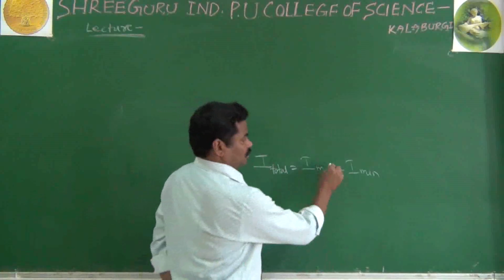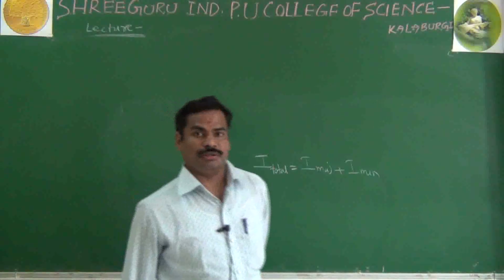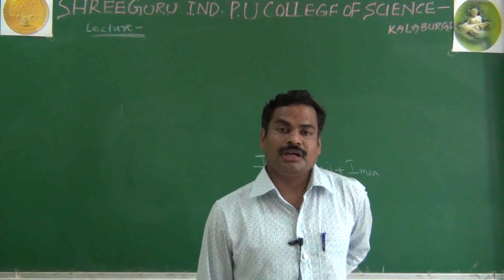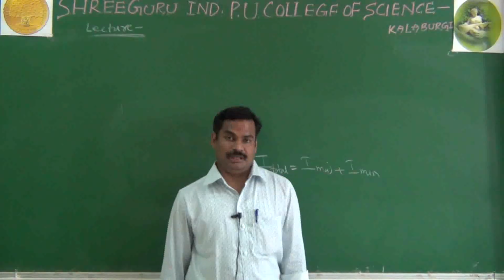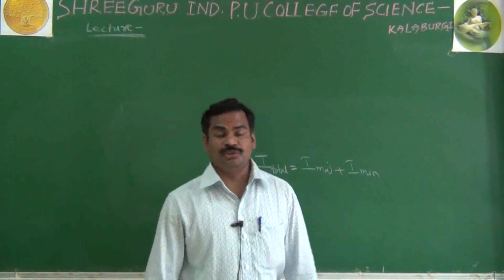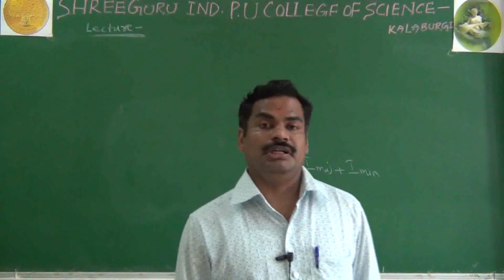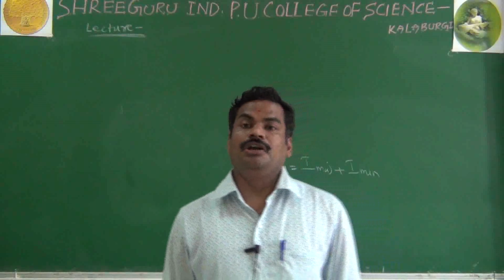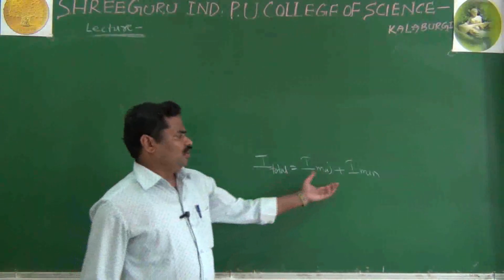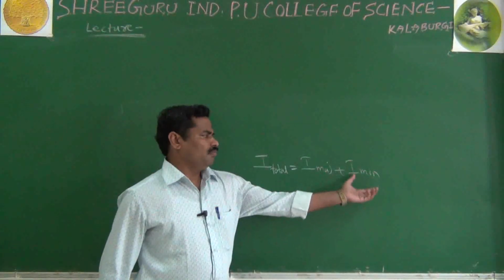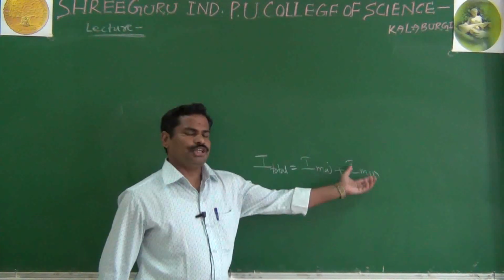It means, as I said, in your transistor the current is because of both majority carriers as well as minority carriers. But we already know about the majority carrier current, and we are not giving more importance to the minority current because it is very, very small.